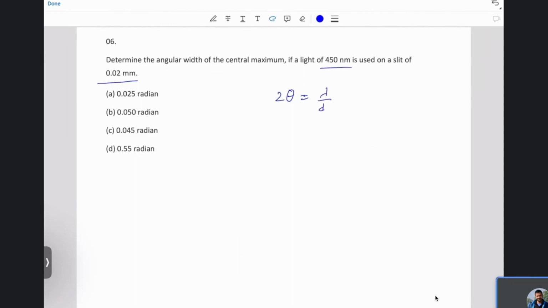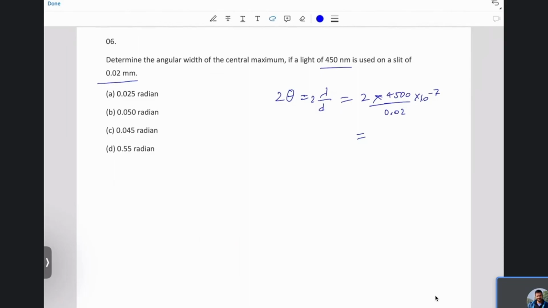The angular width will be 2 theta, right? And lambda and d are given simply. So 450 nanometer divided by 0.02, correct?